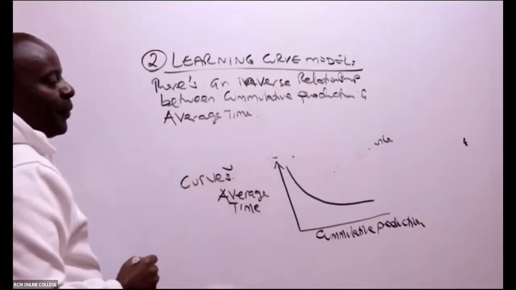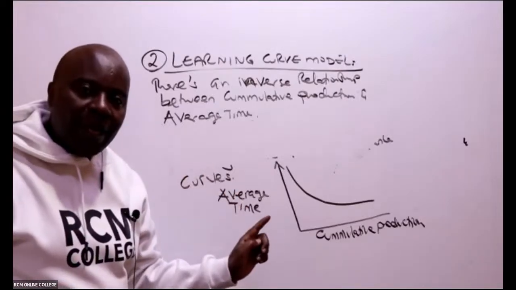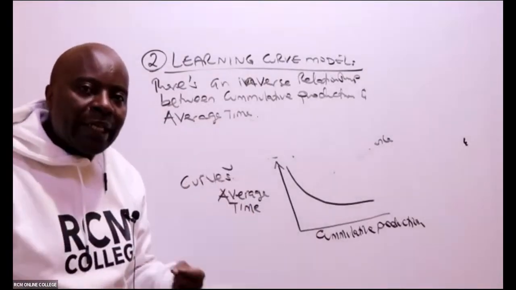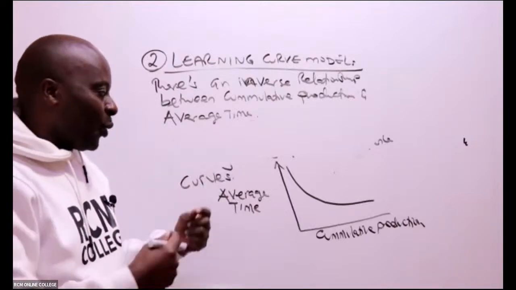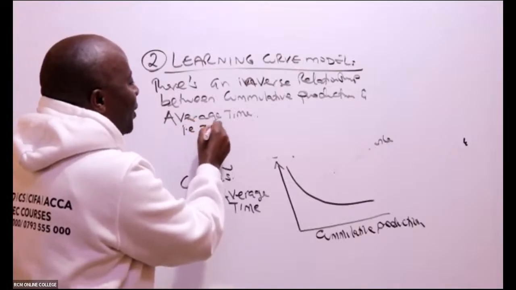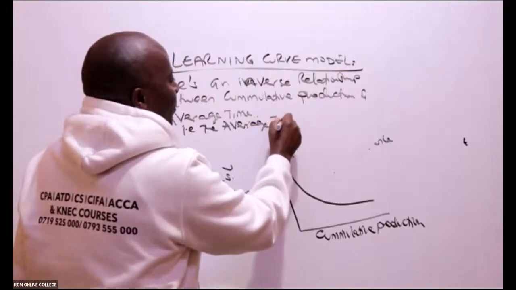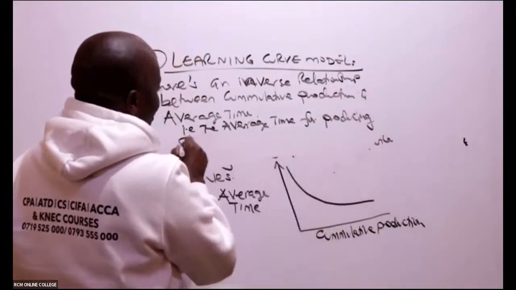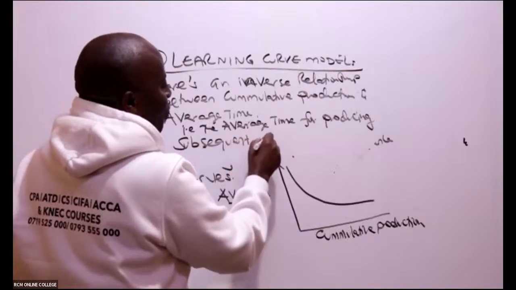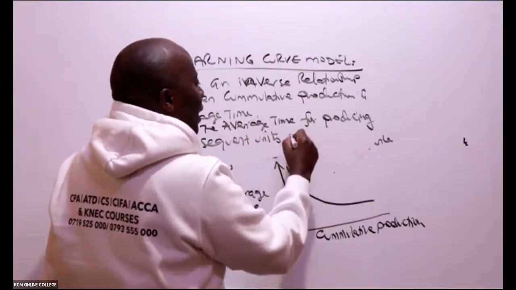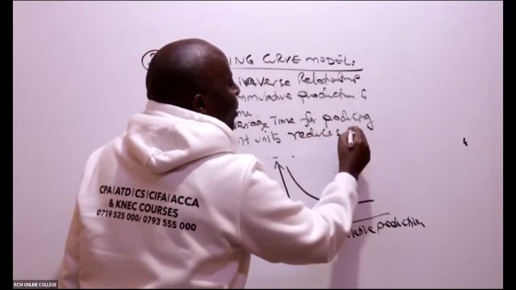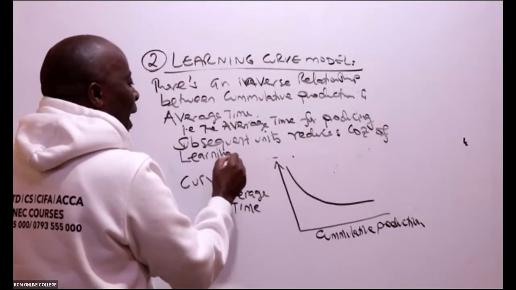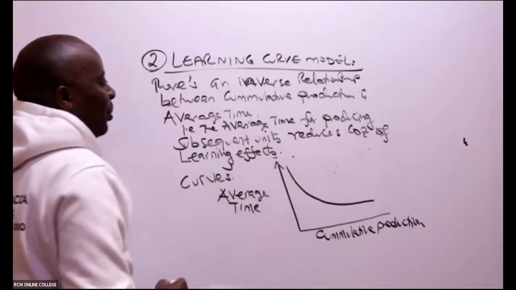What this means is that the average time for producing subsequent units shall always reduce, i.e., the average time for producing subsequent units reduces because of learning effects.